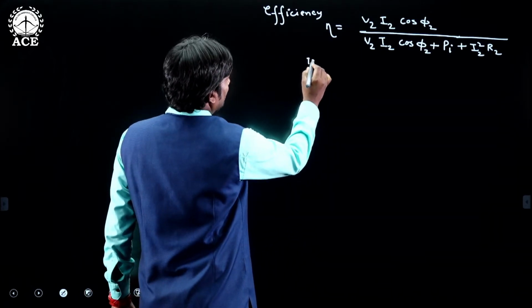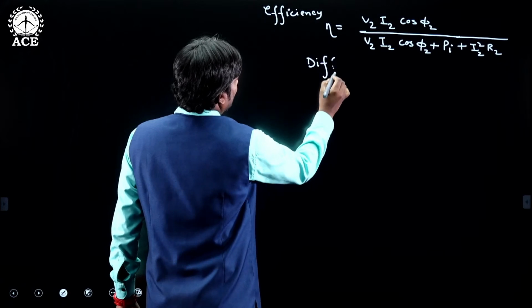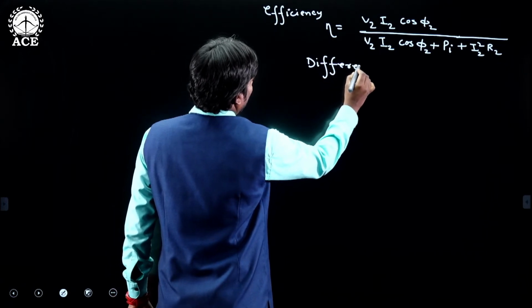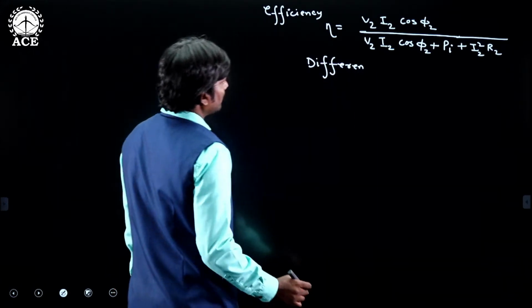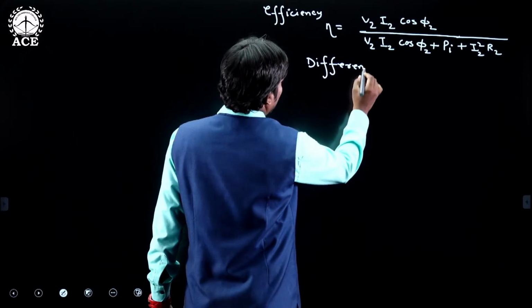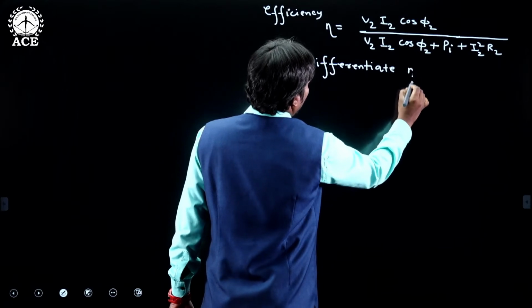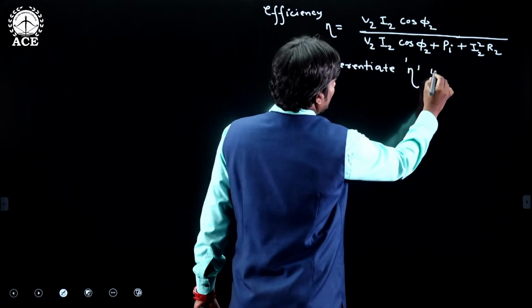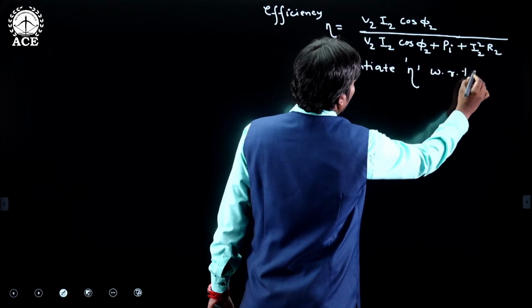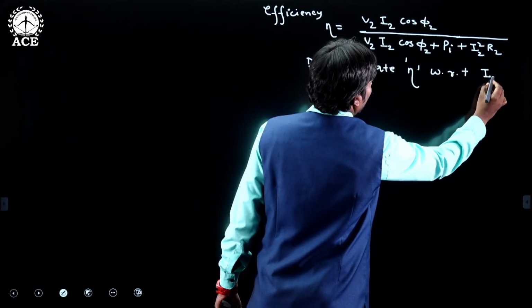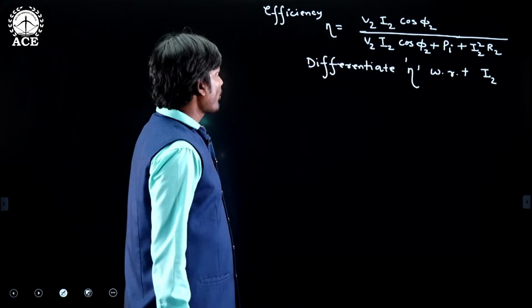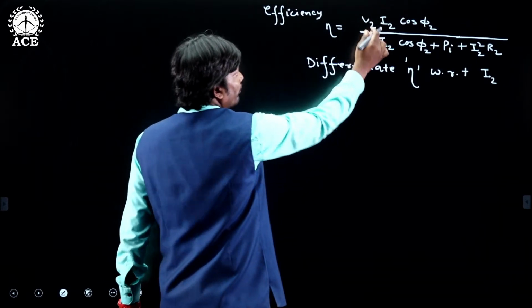Differentiate efficiency with respect to I2. Here I am using the UV rule.